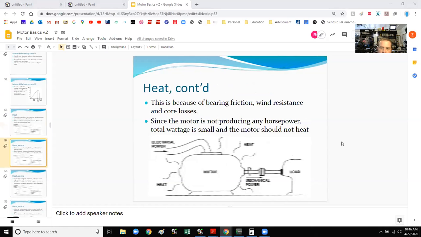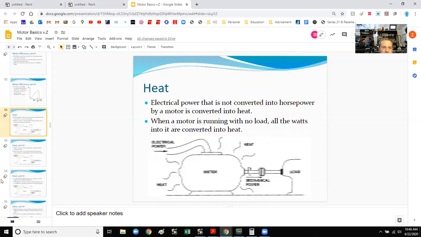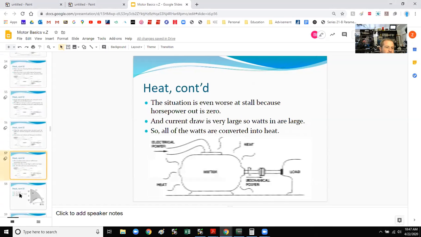How is loss shown in a motor? You should know this. Heat. Heat from friction. And when would a motor overheat the quickest? When it's at its maximum load.